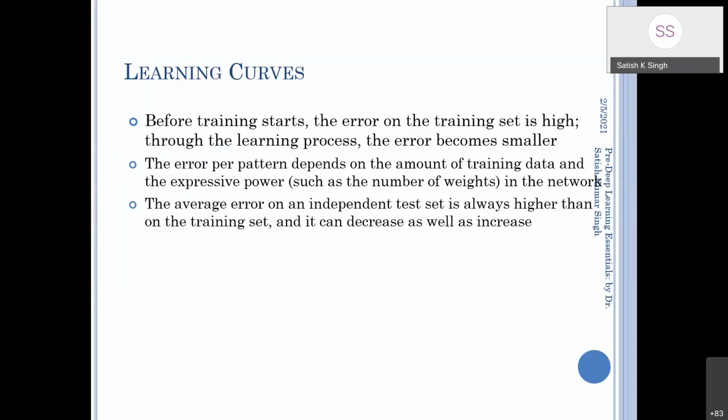At that point, your testing error will keep on increasing. Why? Because unknown samples will be presented and your machine will not be intelligent enough to generalize this newly presented data. So the testing error may decrease, and it may increase from the point where the generalization capability of the machine is lost.